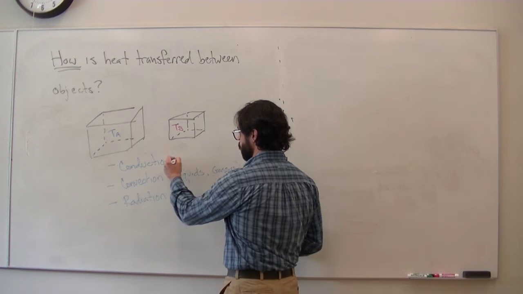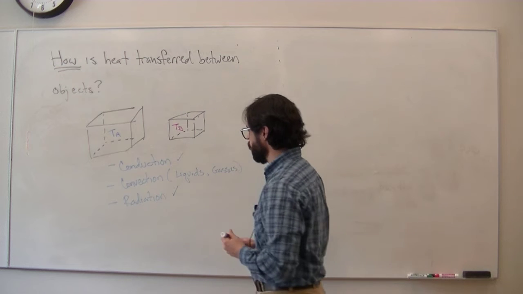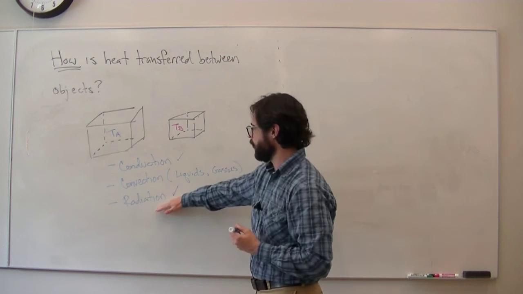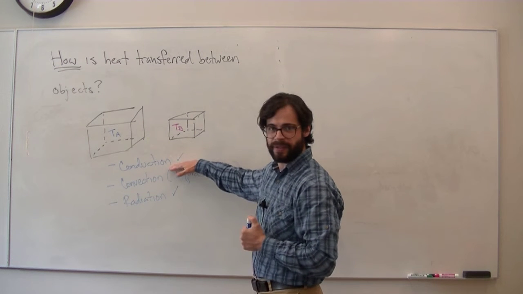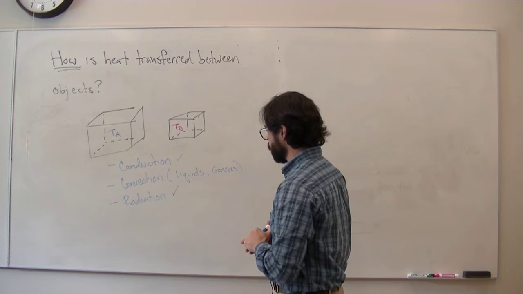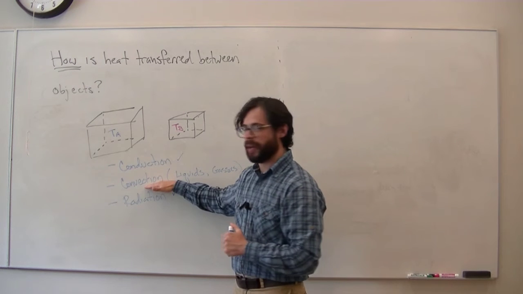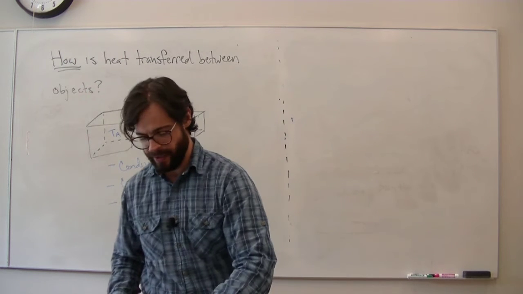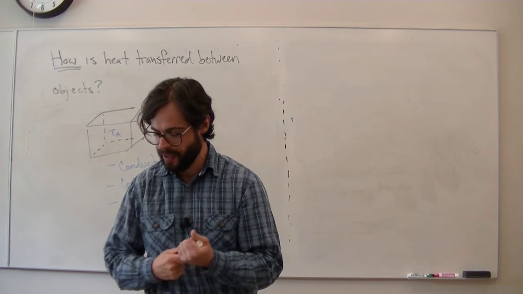So these two will give you a little toy model that you can use. This is great, this is pretty good, so you could use this for some engineering applications. Our thermal conductivity model. We won't talk about convection more than qualitatively, so I'll just say it's a thing that exists.